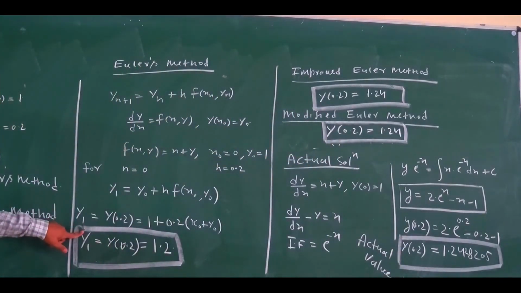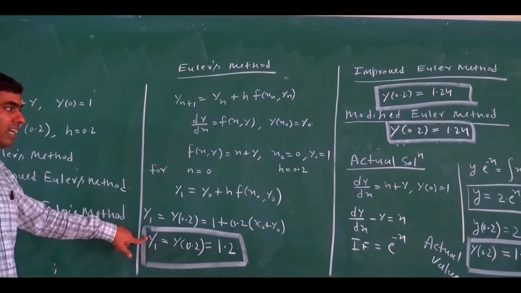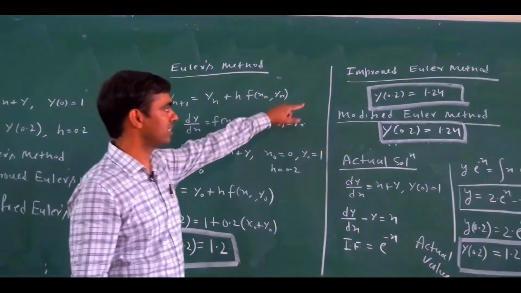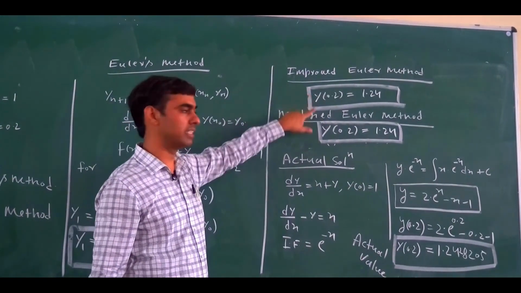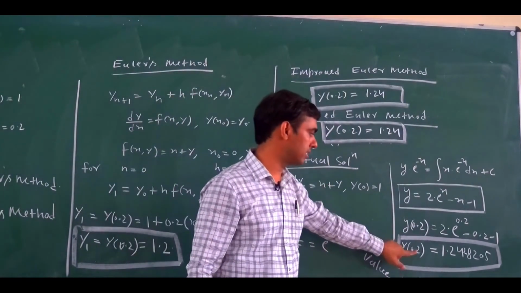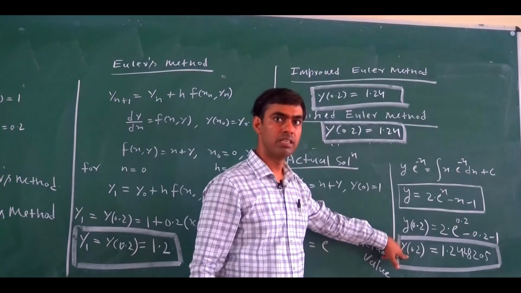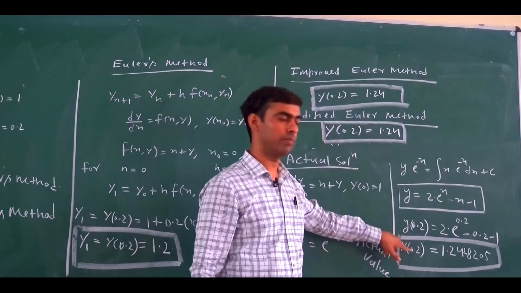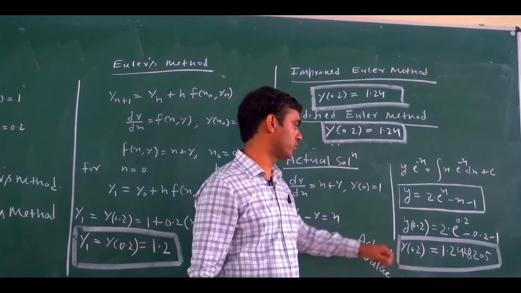This one is the solution by the Euler method. This one is the solution by the improved Euler method. This one is the solution by the modified Euler method, and this is the solution by the actual integration, by solving the actual differential equation.